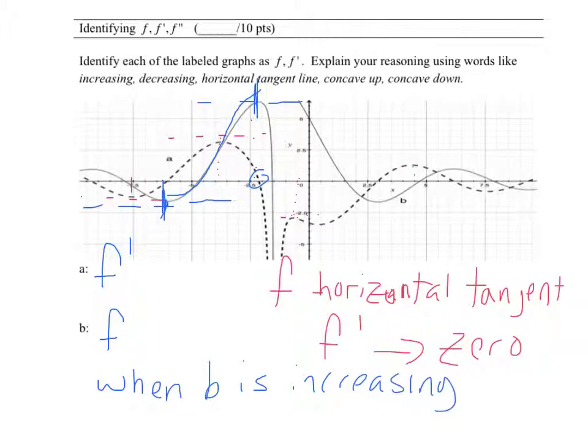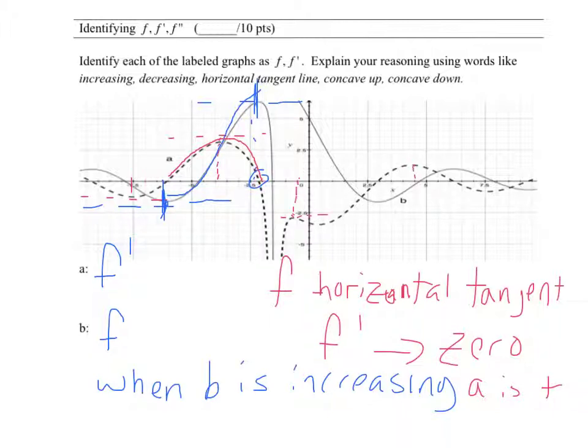Okay, and if I take a look at my function A during that, I'm going to highlight that part in red. That whole time, function A is positive. So when B is increasing, A is positive.